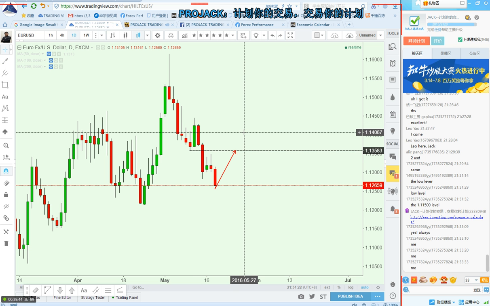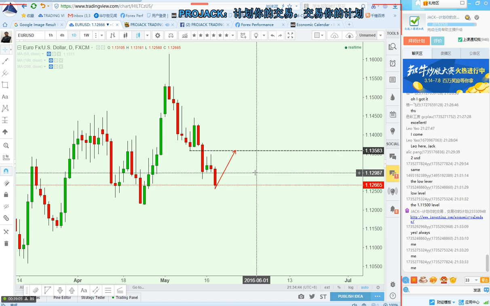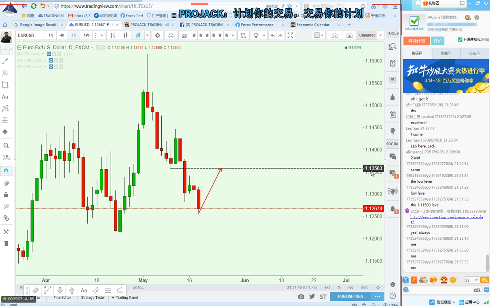If the Fed minutes show it is dovish, for example, they say the economy is not so good, the labor market is weak, and we don't see a necessity to increase the rate in the very near future, the dollar may drop and the euro will come back. But this level is what I pay attention to, 1.1360.